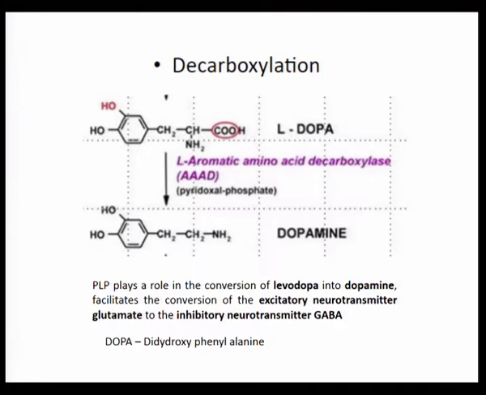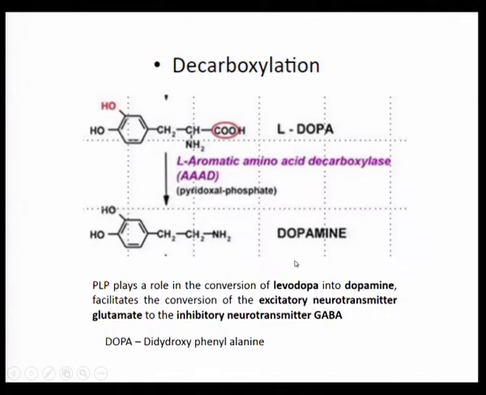So this is the conversion of levodopa into dopamine. Levodopa is the precursor. In Parkinson's disease, there is normally depletion of dopamine, and levodopa gets converted into dopamine. This also facilitates the conversion of the excitatory neurotransmitter glutamate to the inhibitory neurotransmitter GABA.